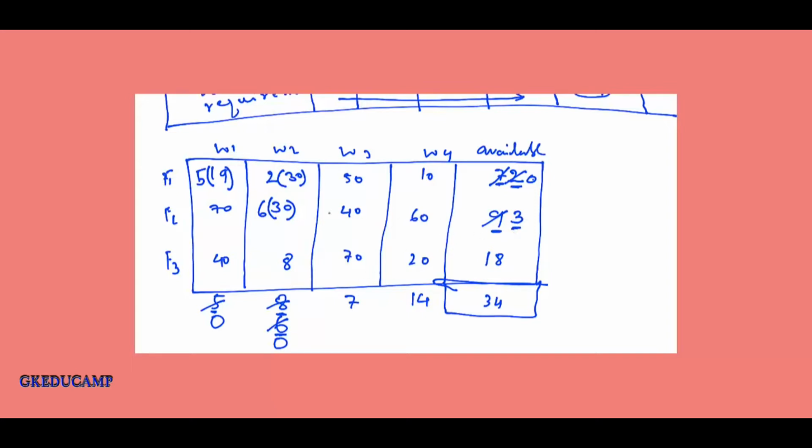Again here we have 3 remainder, so we have to solve this second row. Allocate to 40, where we have 7 and 3, so 3 is the minimum. Allocate 3 to the 40 cell and you will get 4, and here you will get 0.